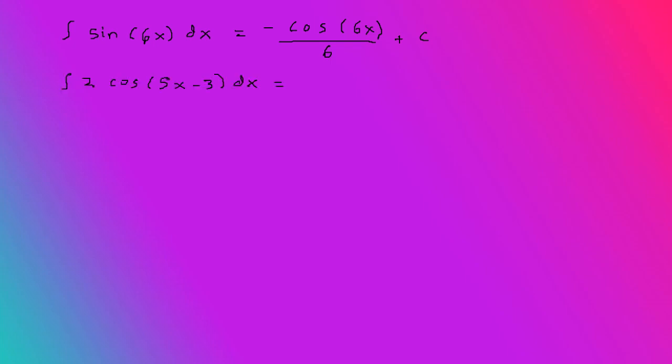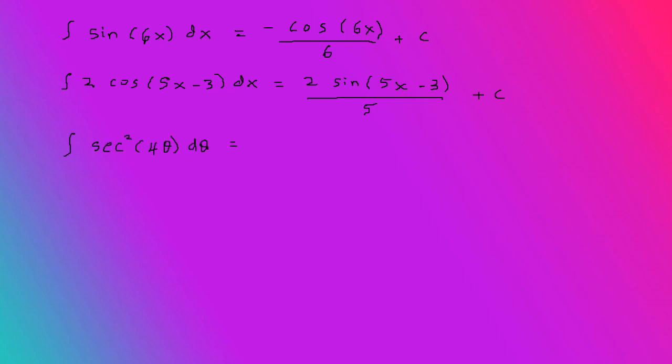Next, integrate 2 cos 5x minus 3 dx. So 2 is the constant, so we just write the constant 2, and then integrate cos, we will get sine, and then we write the function is 5x minus 3, and then divide by the constant of x, which is 5, so divide by 5 plus c.